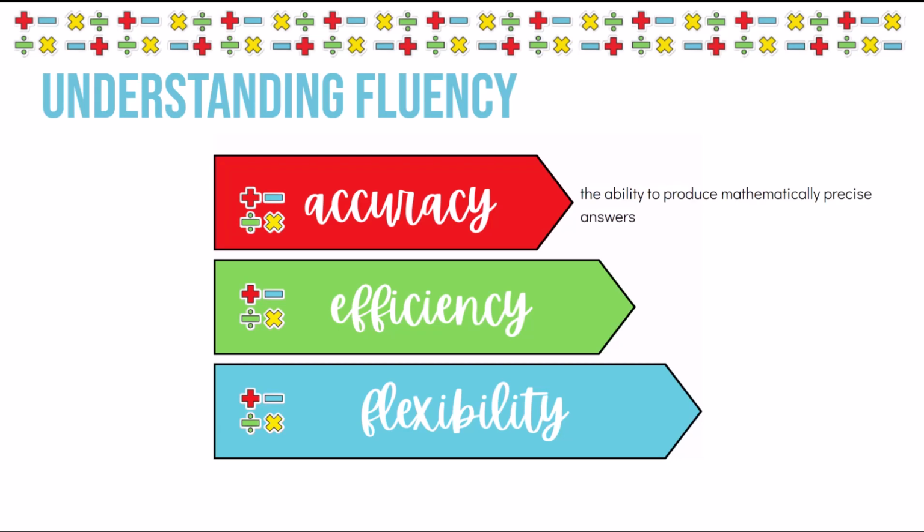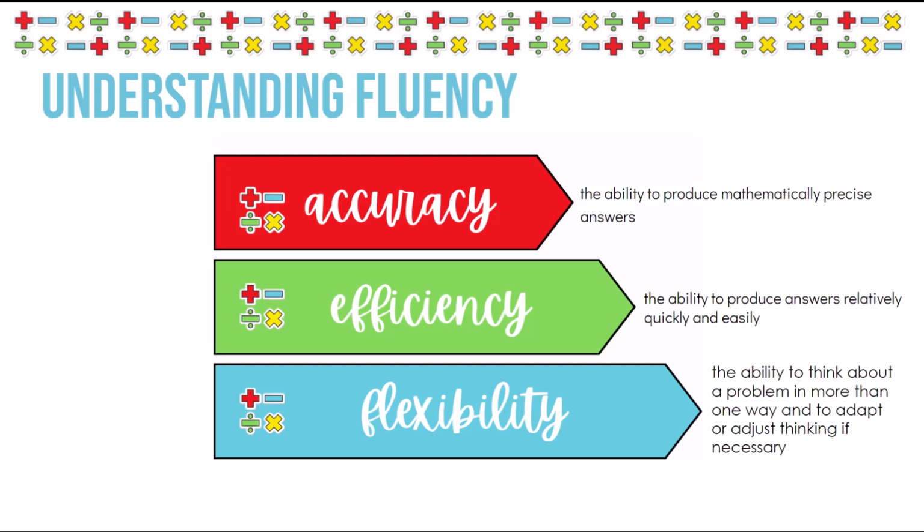Defined, accuracy is the ability to produce mathematically precise answers. Efficiency is the ability to produce answers relatively quickly and easily.